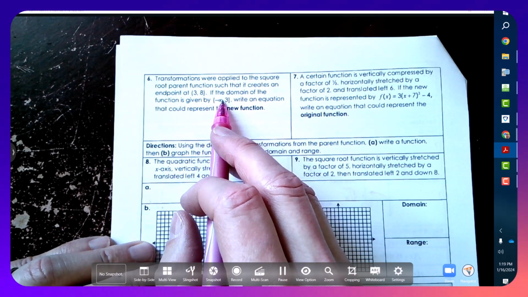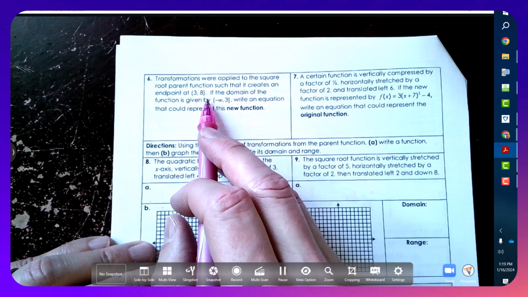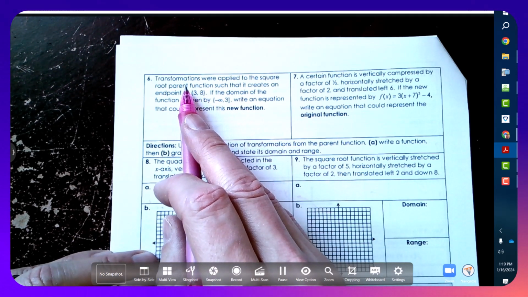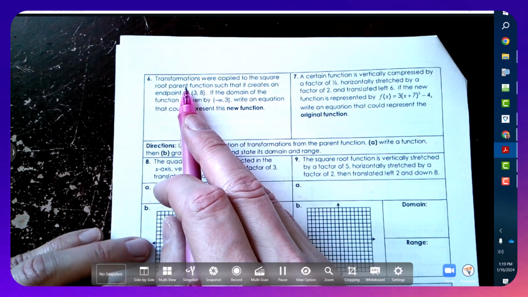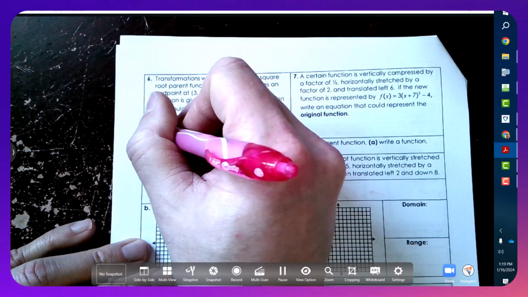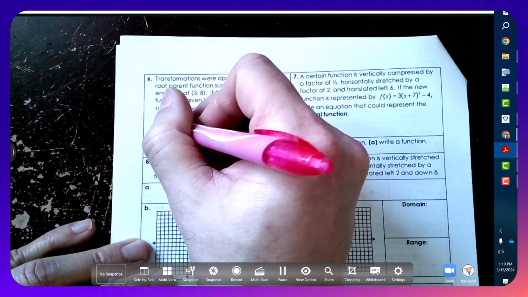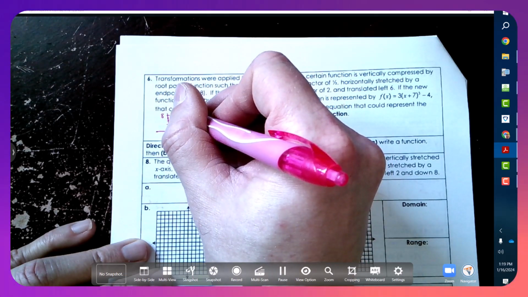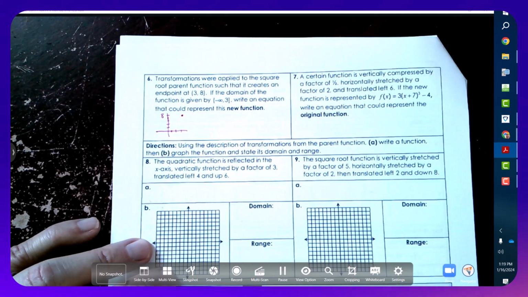So 3/8 creates an endpoint. So 1, 2, 3, and then 1, 2, 3, 4, 5, 6, 7, 8. Let's go here.